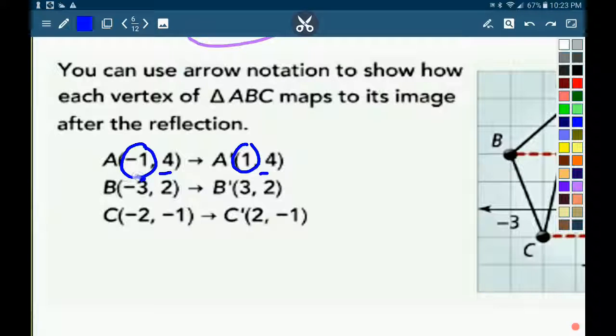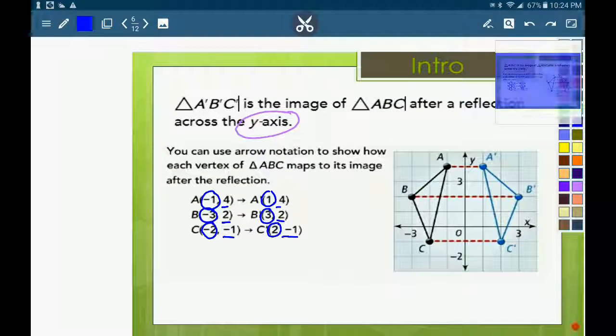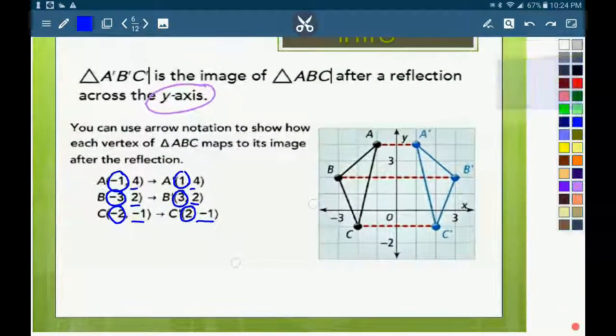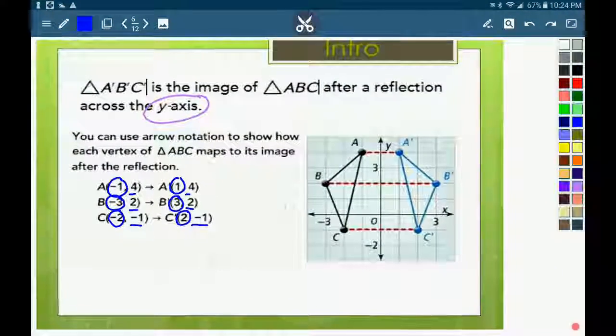I'm going to notice this again in B, from -3 to +3, and from -2 to +2, whereas all the y's from 2 to 2 stayed the same, and -1 to -1 also stayed the same. So whenever we reflect across the y-axis, it seems like the x values are going to become opposite.